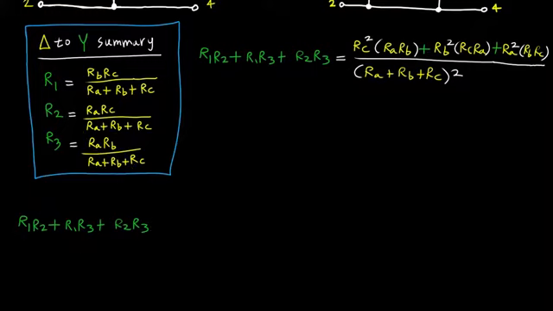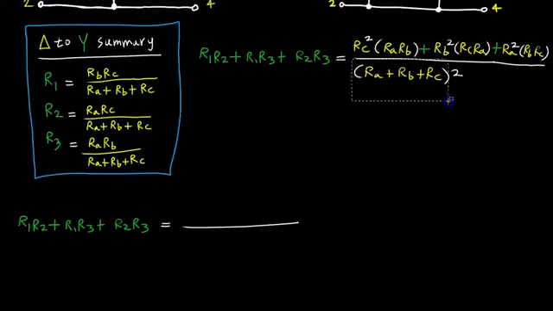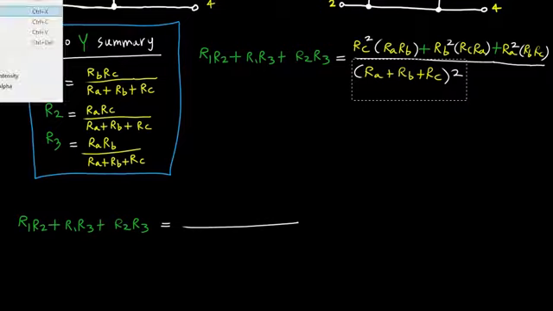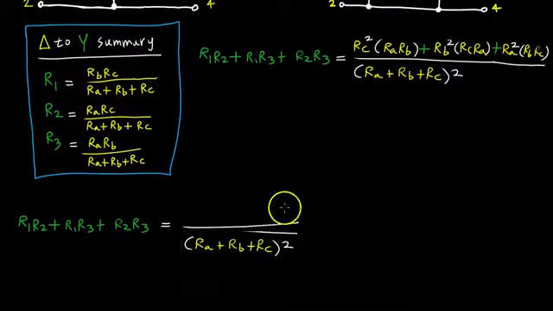And let's say that is equal to the same denominator, I'm going to have the same one. Alright, so I have that portion. Now I'm going to factor out RARBRC. Let's see what remains.